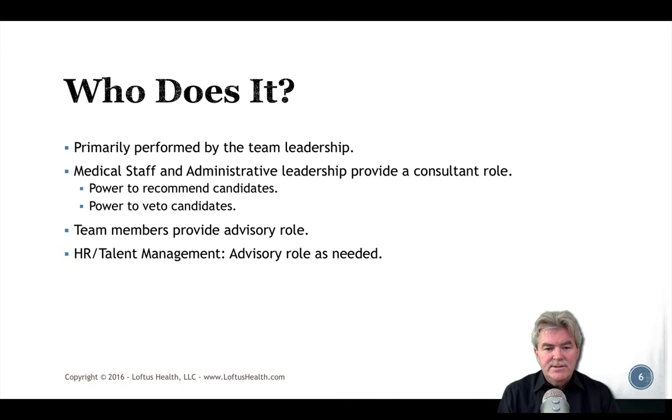Sometimes you do have to go, I think, either to the administrative leadership or human resources to learn about certain people. I had a situation happen to me one time where I had a nurse who I thought within our group was really somebody that I wanted to put into more of a leadership role. I brought it up with our chief nursing officer, and she just shook her head and said no. And I said, why not?